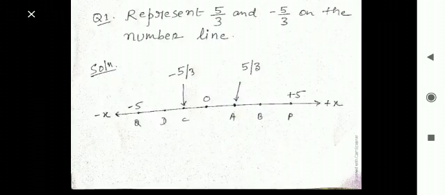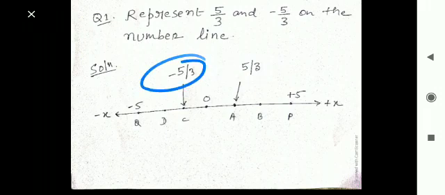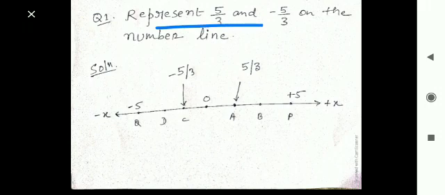So after this, the point C and this point A will be the points of plus 5 by 3 and minus 5 by 3. Okay, so this is the method for the representation of any given number on a number line. Again I am repeating: just take a number line, mark the number which is given in the numerator first.